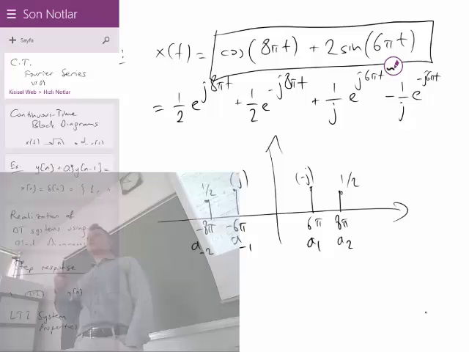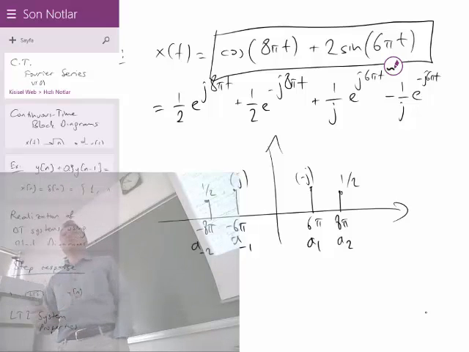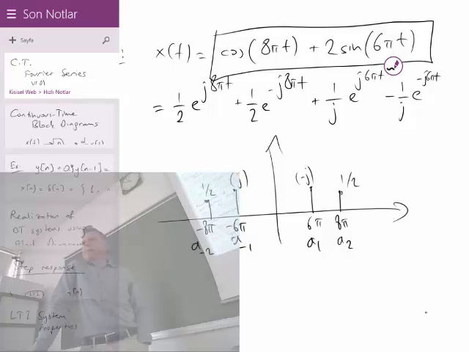You can also ask the reverse question. What is the period of that signal at the top? Or what is the frequency of that signal, which is the inverse of that period? If you try to draw this, you will see that the frequency is not 6 pi. The frequency is not 8 pi.